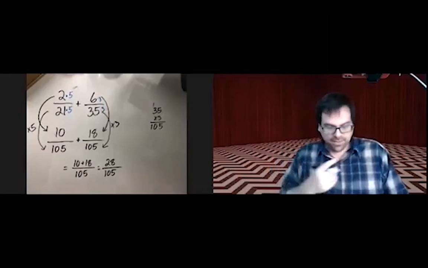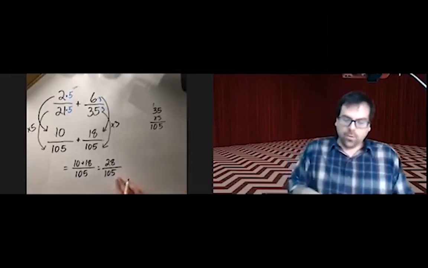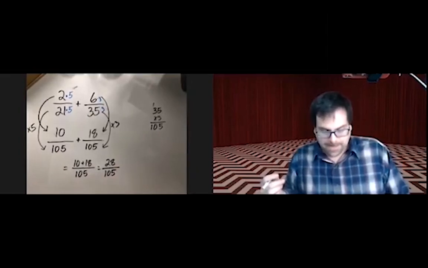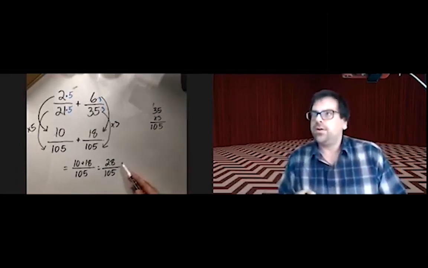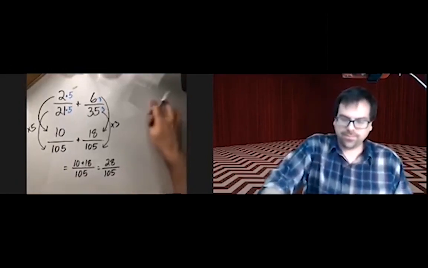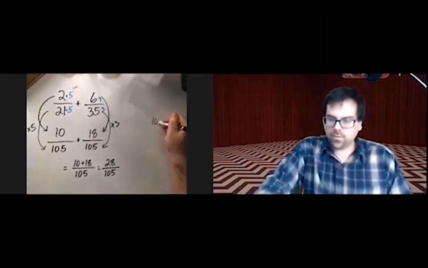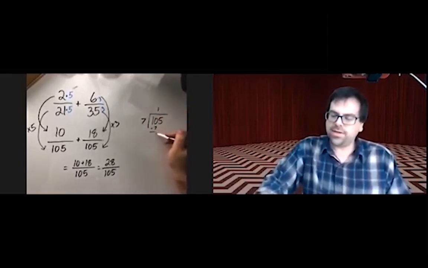So there must be something in common to both of these. What could it be? They're not both even. So it's not going to be divisible by 2 or 4 or any even number. Does 28 have any factors that aren't even? Let's try 7. 105 divided by 7. 7 goes into 10 once.